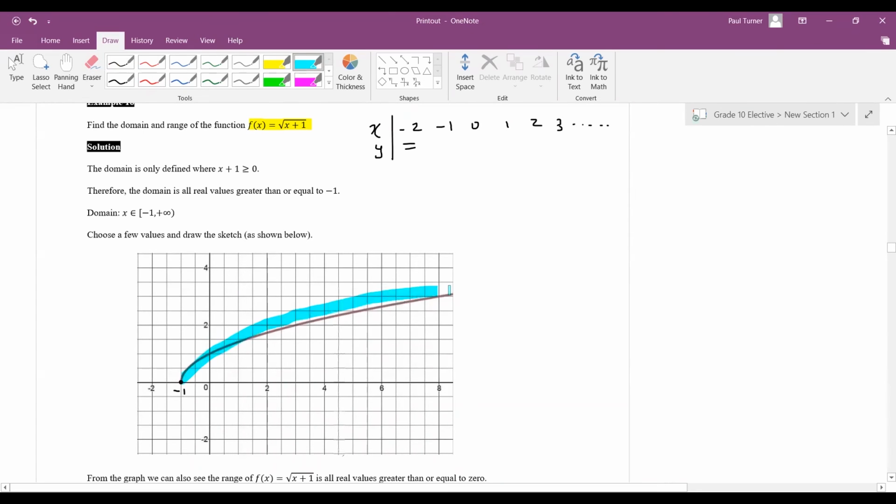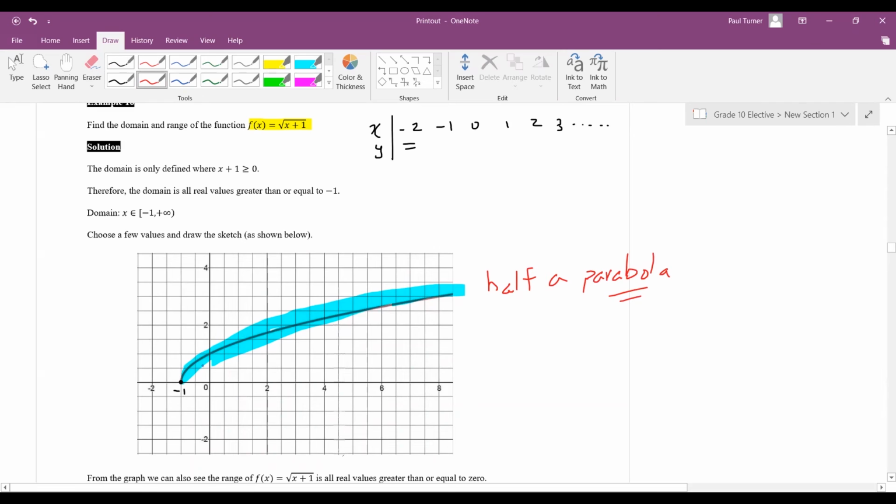going up in this direction like this. They always curve, they look a little bit like a parabola. It's half a parabola, actually. This is half a parabola. We'll do a bit more on that later.